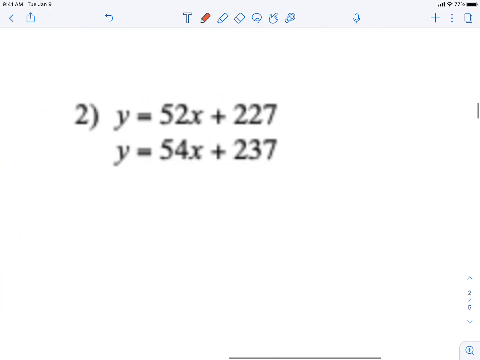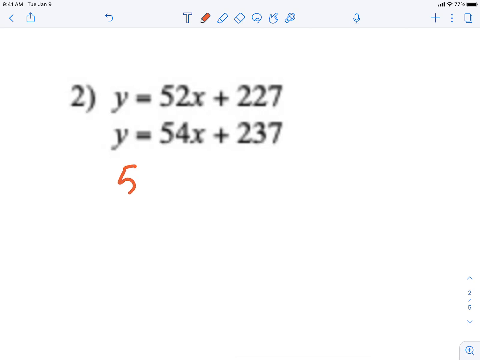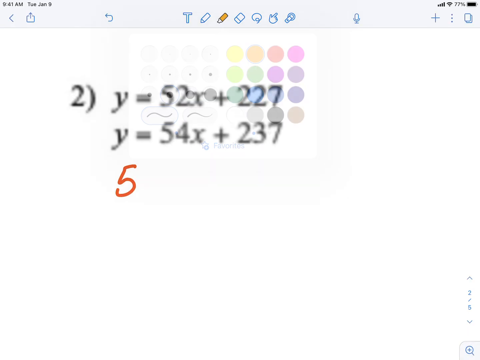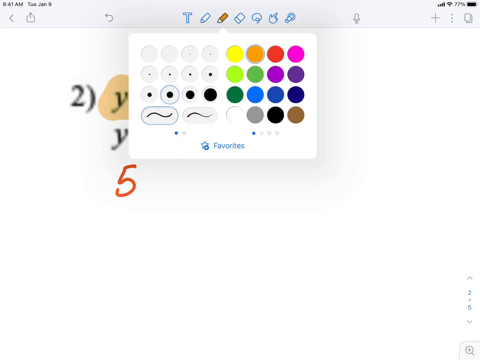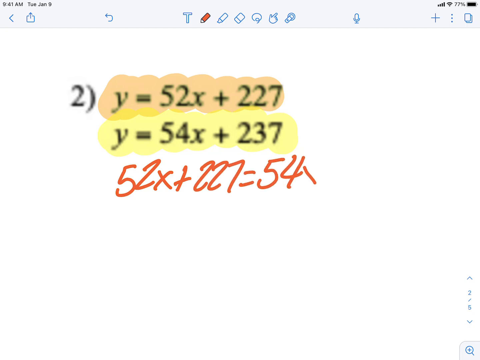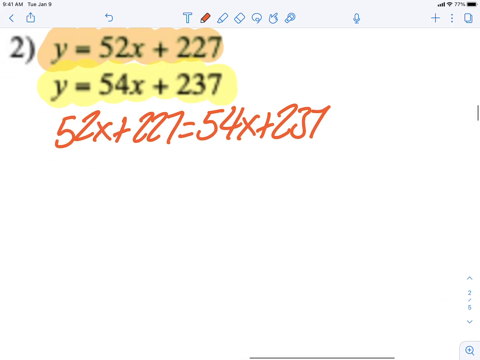Again, my y is equal to y, so that means that, well, again, I forgot to highlight. I'll do this and I'll do the bottom one in yellow this time. So 52x plus 227 is equal to 54x plus 237.